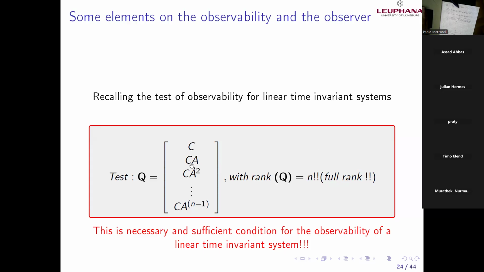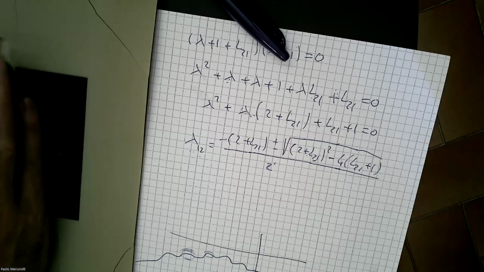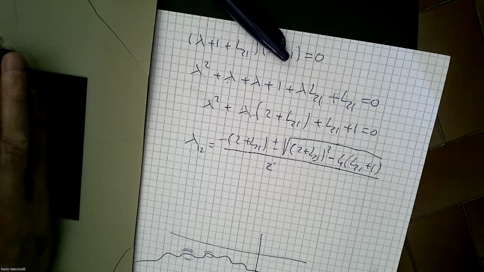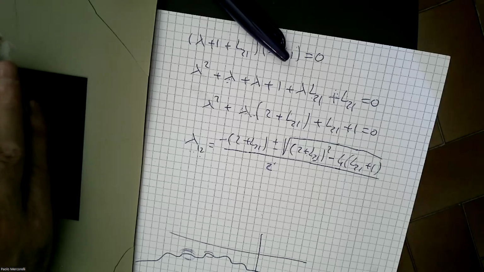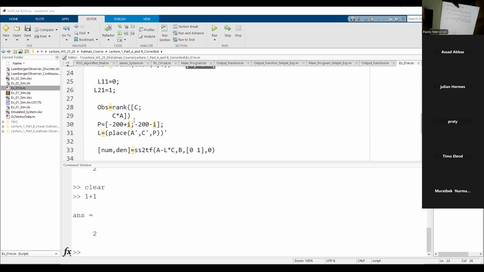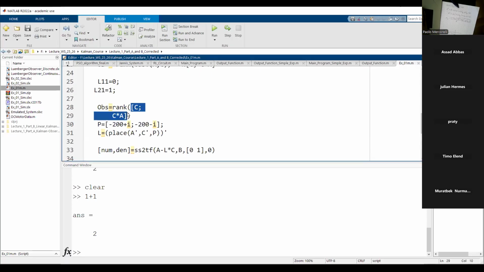C multiplied by A, and look. I can do the same by building the matrix by hand. Look, let me run the observability matrix.